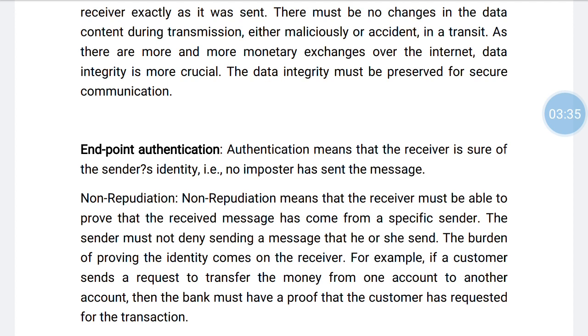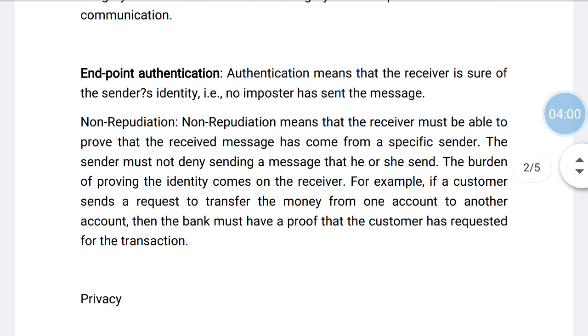The sender must not deny sending a message that he or she sent. The burden of proving the identity comes on the receiver. For example, if a customer sends a request to transfer money from one account to another, the bank must have proof that the customer has requested the transaction.